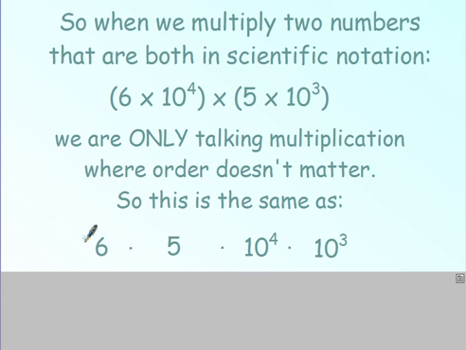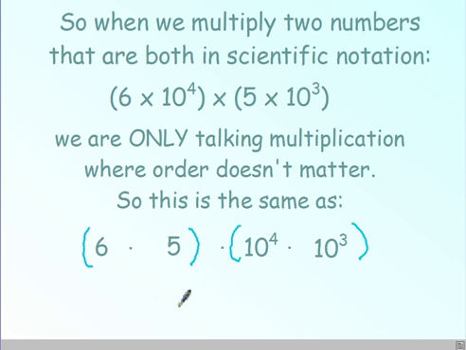Now I can multiply my two single-digit numbers, 6 times 5, and I can multiply my powers of 10. When I multiply 6 times 5, that's going to give me 30.